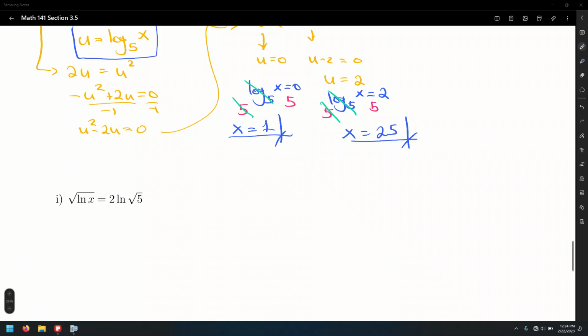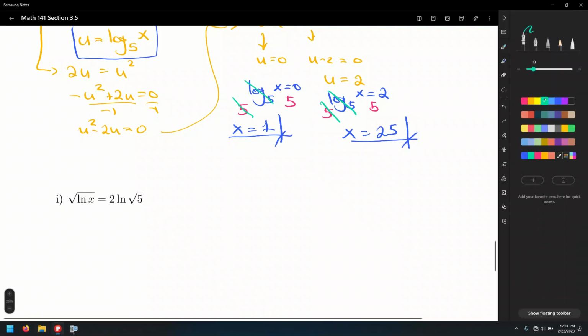The only variable term is the one on the left-hand side. Even though it looks weird, check this out. We can basketball the coefficient here: square root of ln of x equals ln of square root of 5 to the second power.